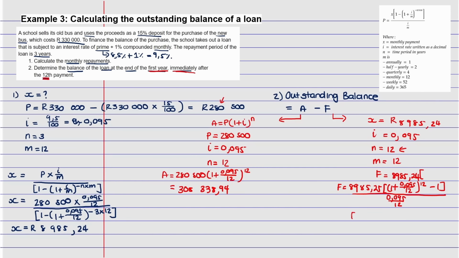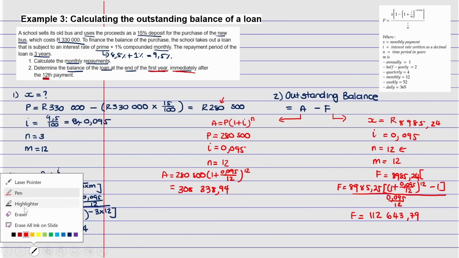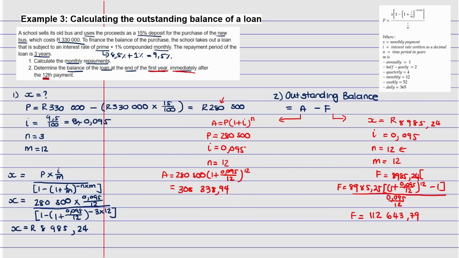Therefore, F is going to be equal to 112,643.79.